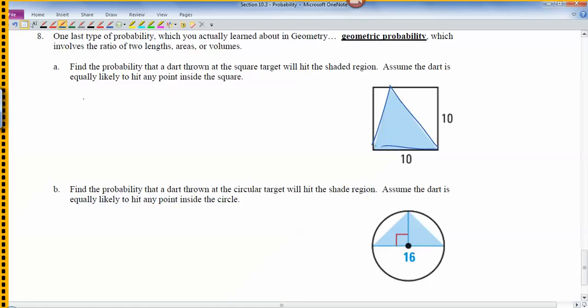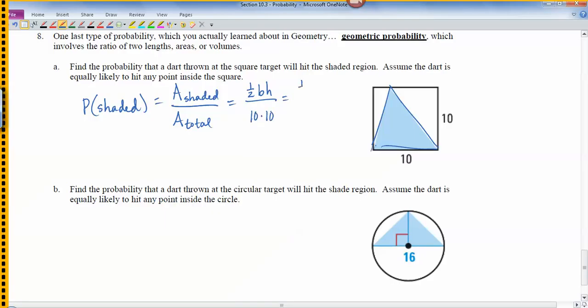So in order to figure that out, probability of the shaded region is going to be the area of the shaded region divided by the area of the total region. Well, the shaded region is a triangle, right? That has the 1/2 base height formula. And then the total is a square, so that's just going to be 10 times 10.